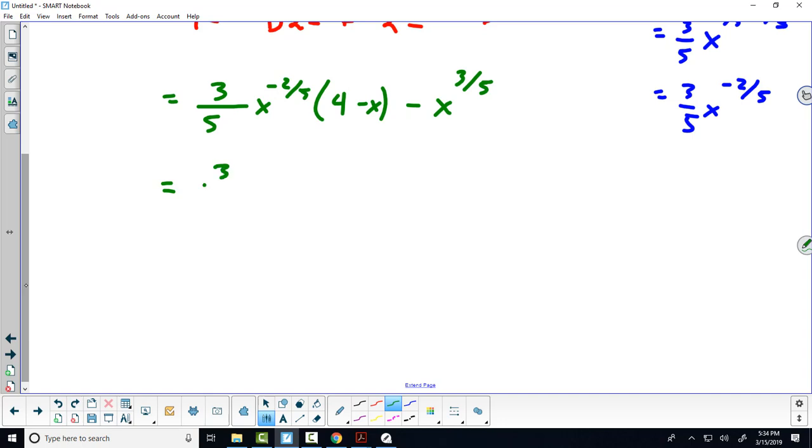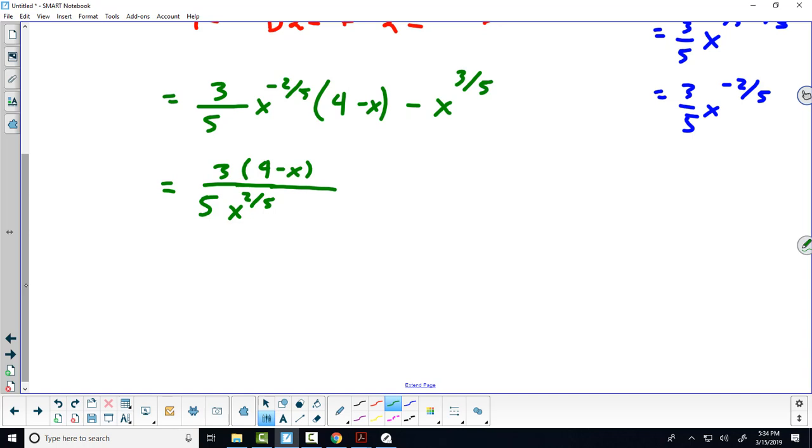So we get 3 over 5 times x to the 2/5 power when I bring that x down below. And in the numerator, we'd have 4 minus x.